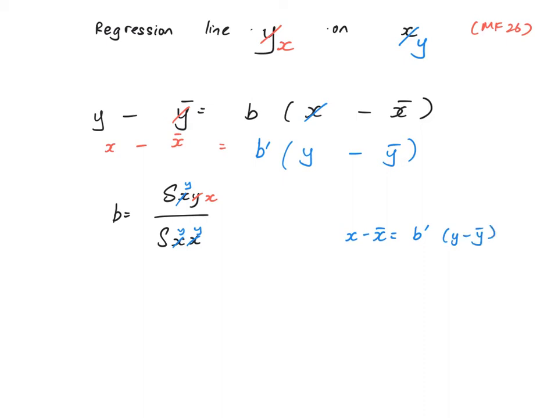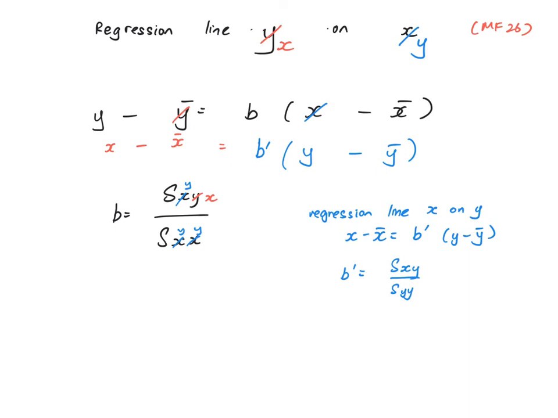This is the regression line x on y. It's slightly different from y on x because now x and y have swapped places. Then your b prime is just the covariance of xy over the covariance of yy. Unlike the original, in your MF26 the formula is given for the regression line y on x.